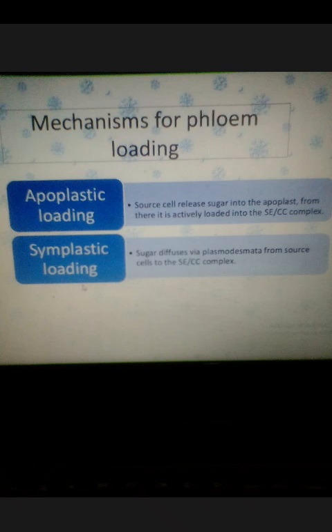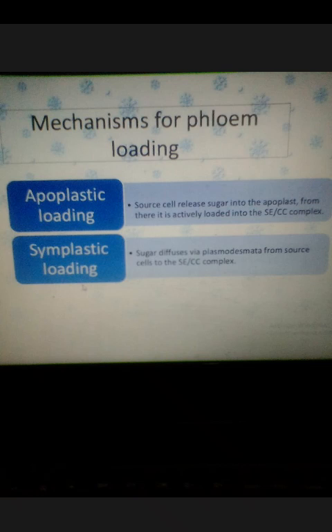After photosynthesis, that substance has to translocate. So source cell release sugar into the apoplast, and from there it is actively loaded into the sieve element and companion cell complex.